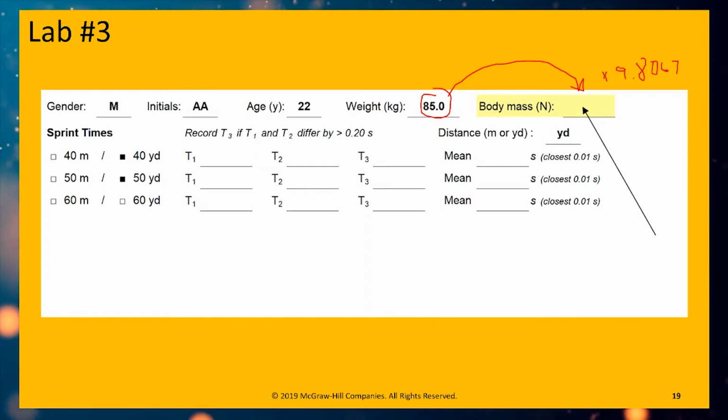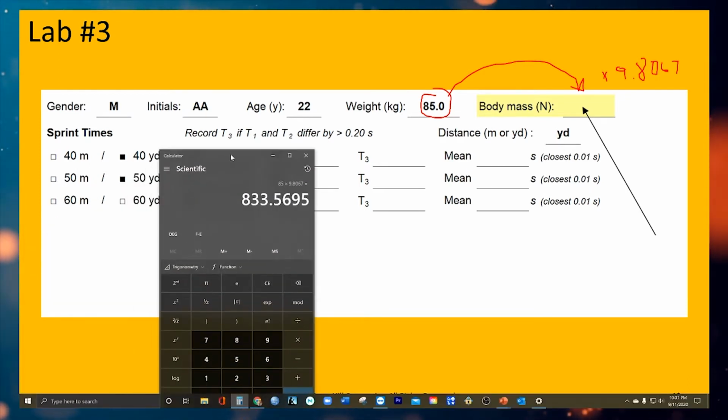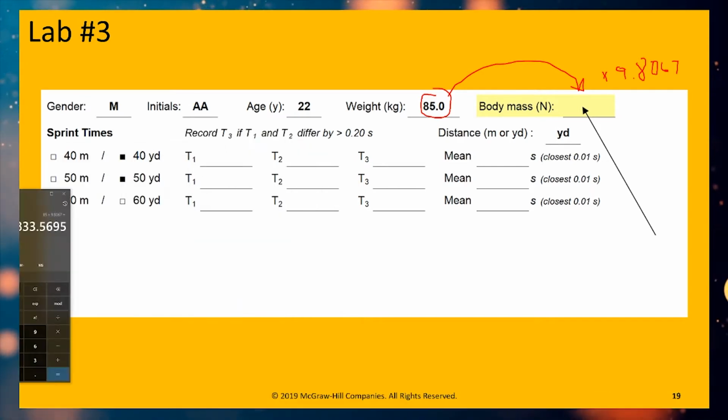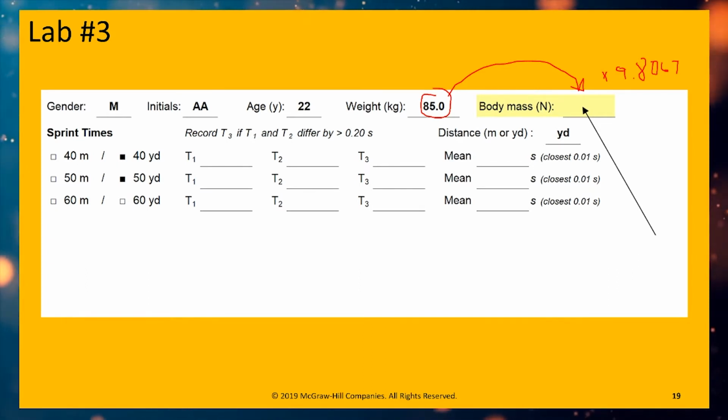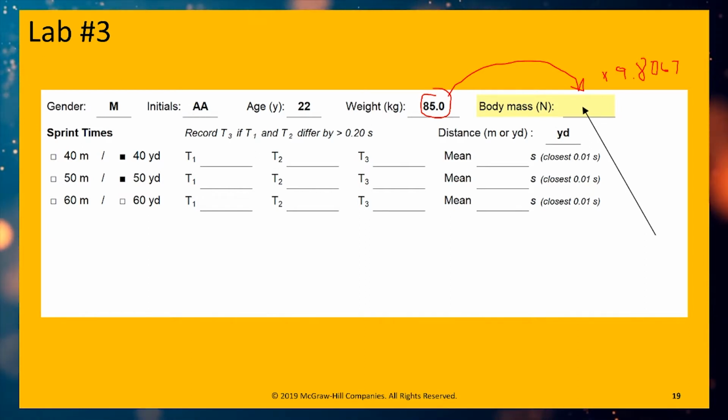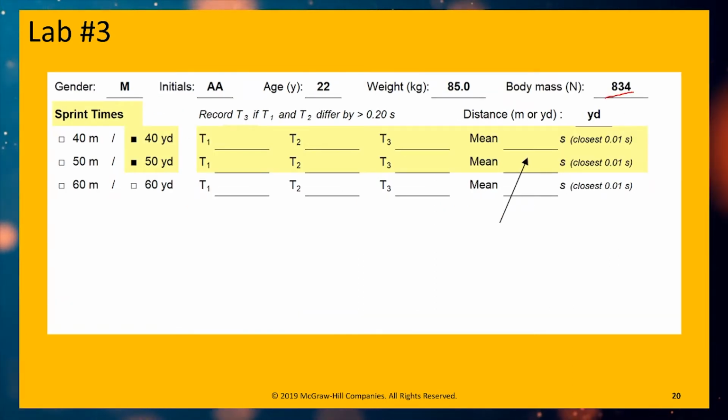So with a little easy math on my calculator, we take 85 and multiply it by 9.8067, which gives us 833.5, so I'm going to round up and get 834. And there we go, 834.